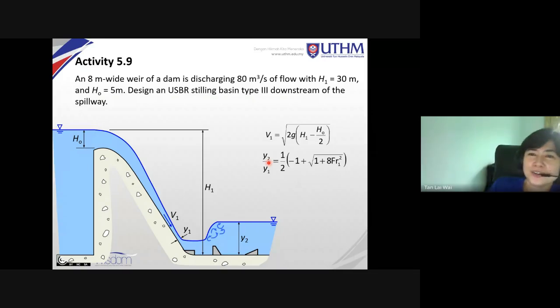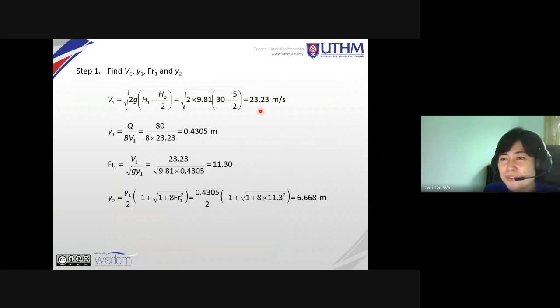So V1 is 23.23. I'll just go through, you should try it out later yourself. Y1 is this: your discharge over unit width, 80 over 8, so your q discharge over unit width is 10. 10 divided by 23.23 is 0.4305 meter. Froude number is V over square root of gY, supposed to be V over square root of gD.